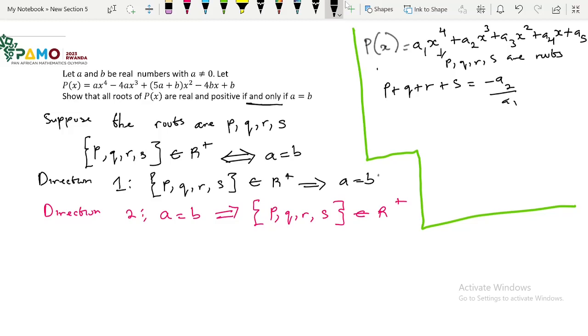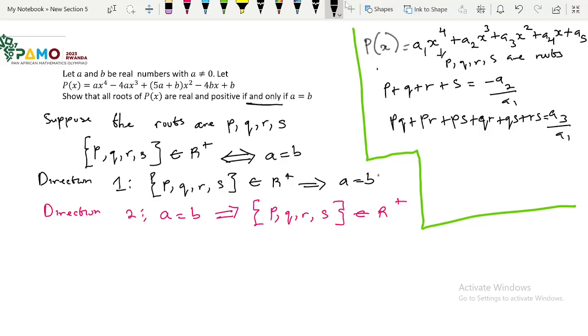It starts with a minus sign, since the coefficient of x cubed is a2, so it's minus a2 over a1. Then when you take the roots two at a time, that is pq plus pr plus ps plus qr plus qs plus rs, this is a3 over a1.